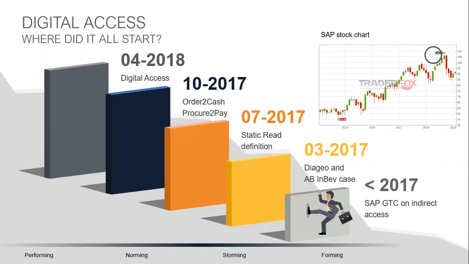Then they started normalizing, where they're documenting how they're going to audit indirect access and how they're going to deal with the licensing issues that indirect access presents. And now we're in the performing phase. We could put a question mark next to performing, because we're not sure how this is all going to perform, but we're in that phase at this point. It's interesting to see that correlation between project management and what's going on here for indirect access.